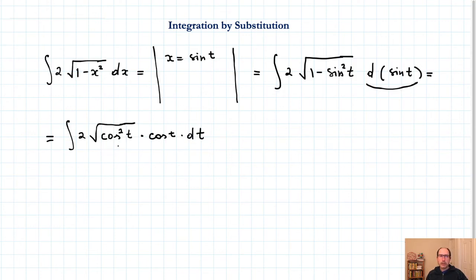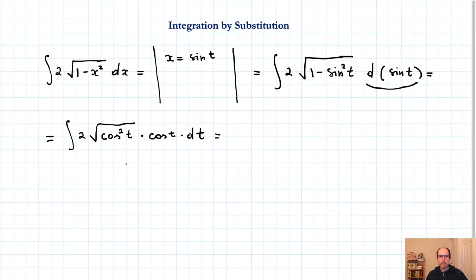Now, let's assume for simplicity that cosine of t is positive. Then the square root of cosine squared t is just cosine t. I have to be a little bit careful here because if cosine of t takes negative values, then the square root of cosine squared of t will be negative cosine of t.